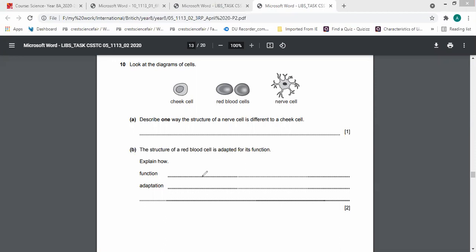Describe one way the structure of a nerve cell is different to a cheek cell. The nerve cell has a large surface area. Yes, excellent. Or the nerve cell has a smaller nucleus?